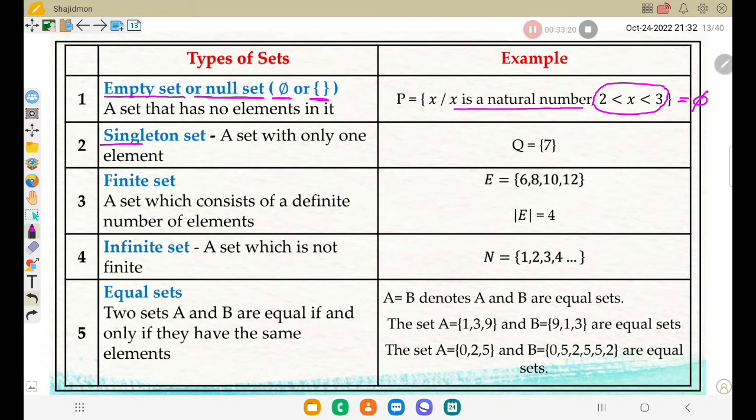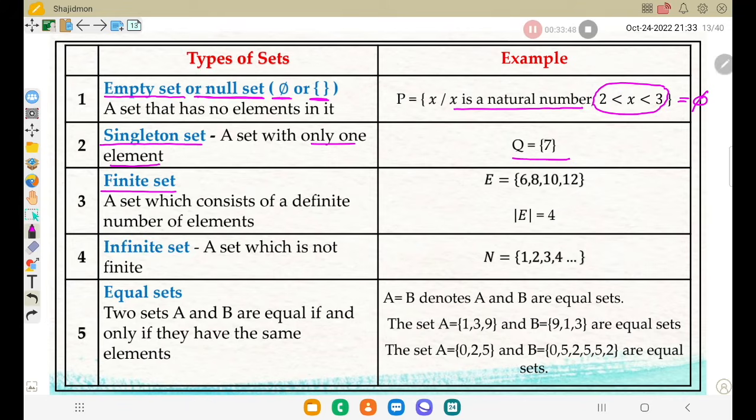Now the next one, singleton set. Single means one. So a singleton set means a set with only one element in it. For example, the set {7} is a singleton set because there is only one number. Now finite set. A finite set means a set consisting of a definite number of elements. That means we can count how many numbers are there: 4 numbers, 5 numbers, 6 numbers, like that, correct?